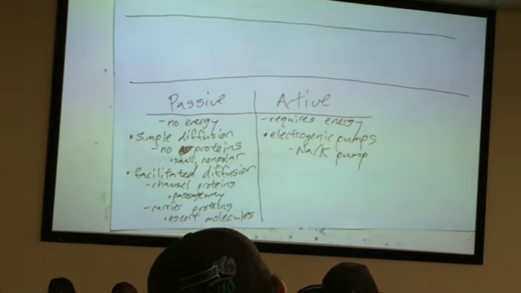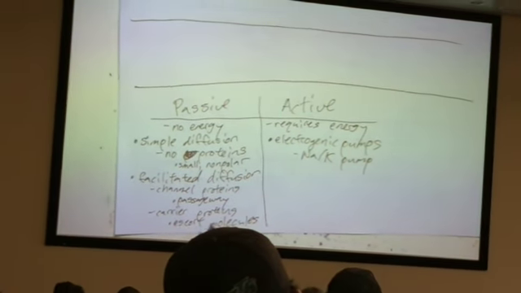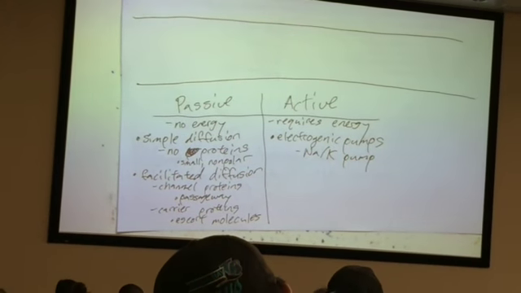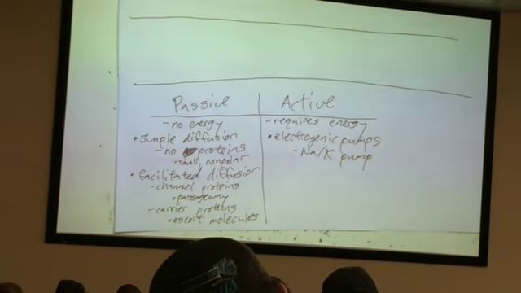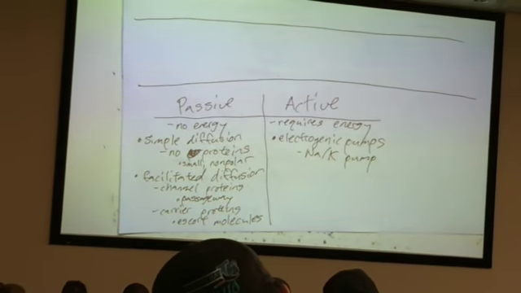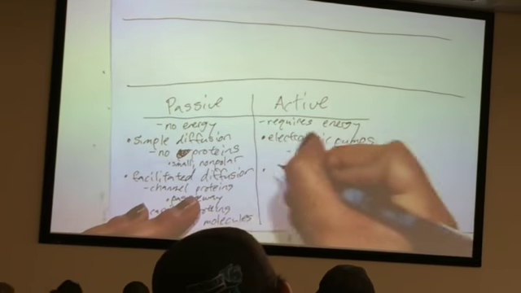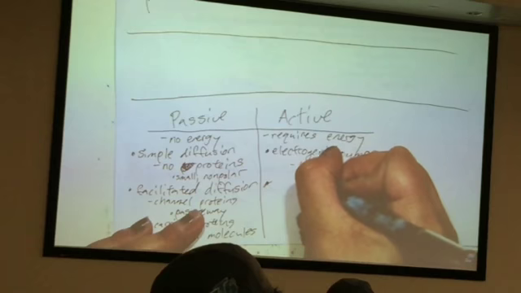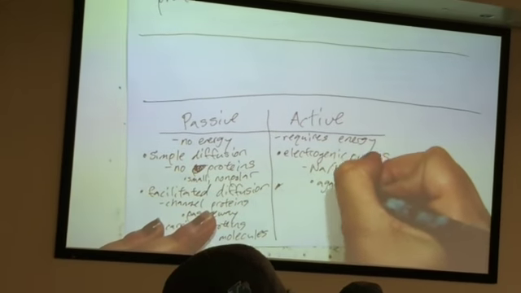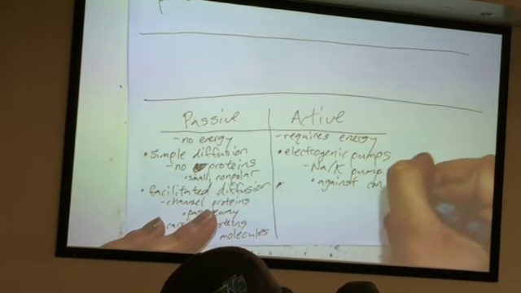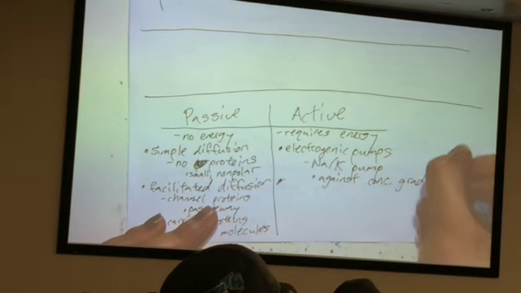And you don't need to know the specifics on that. But the idea is that these pumps are using ATP, or they're using some kind of energy. And they're almost always going against the concentration gradient.